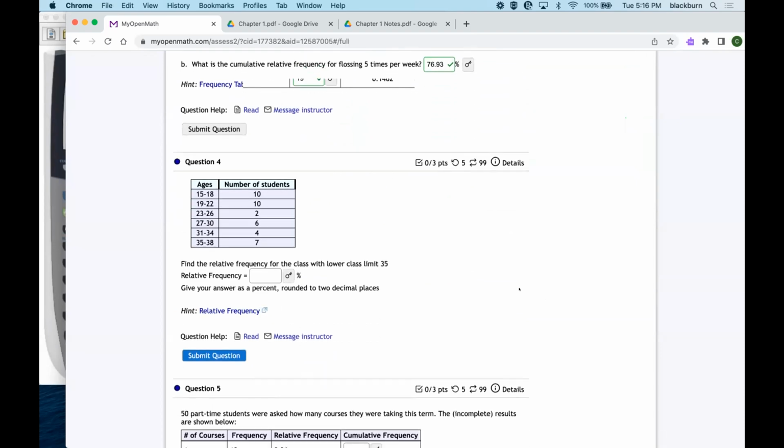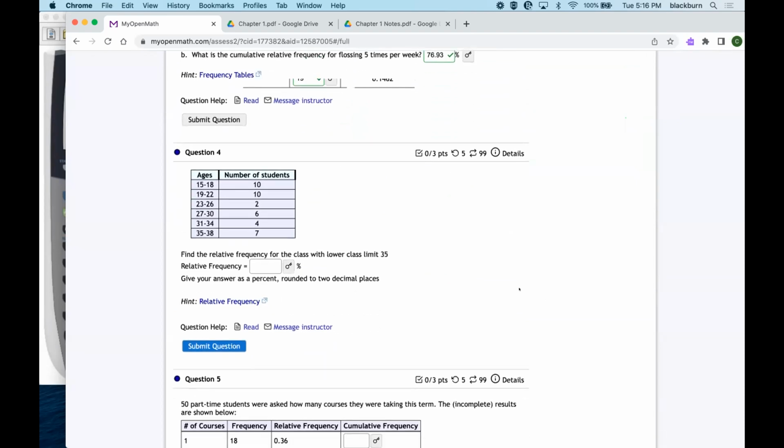All right, so this next one, find the relative frequency for the class with the lower class limit 35. So the lower class limit of 35 is going to be this last segment here, right? So there's 7 people that have the lower class limit of 35.